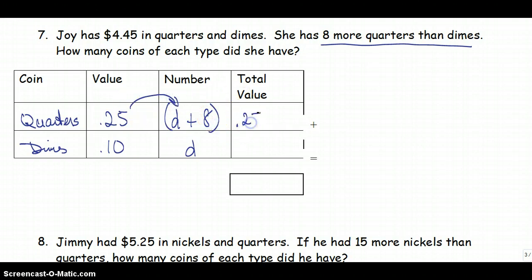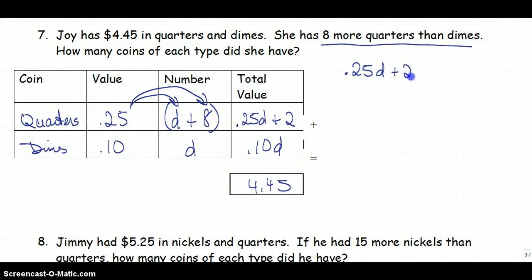So we have 0.25D plus 2. 0.10 times D is 0.10D. All that's equal to $4.45. So now I have 0.25D plus 2 plus 0.10D is equal to $4.45.